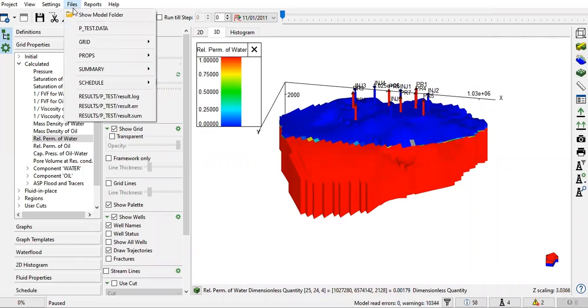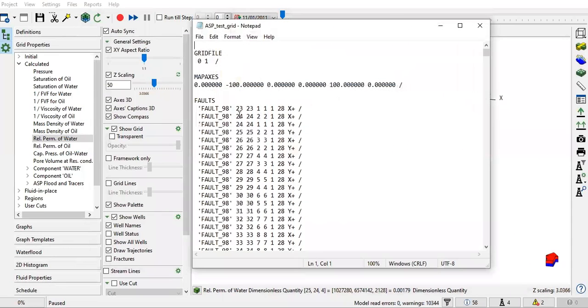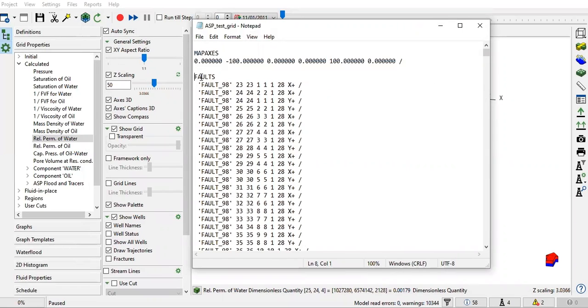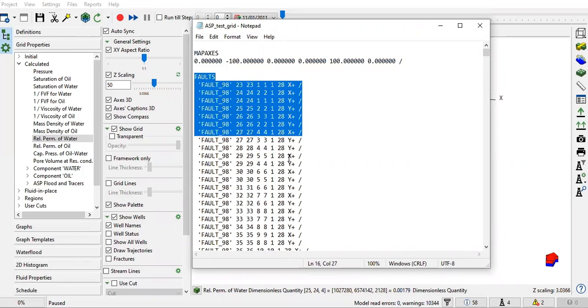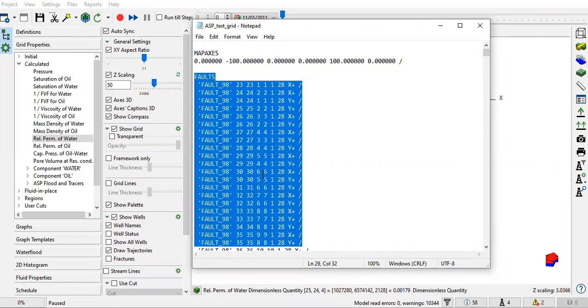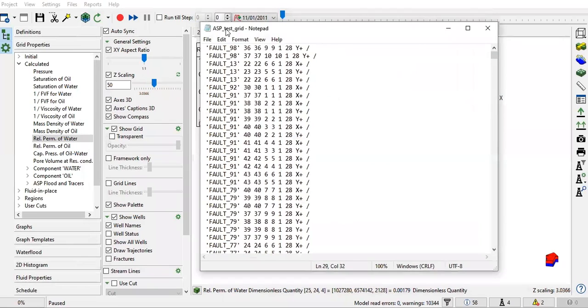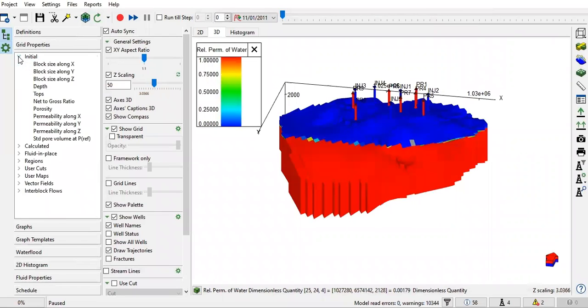Let's see if there is something special. Most likely not. Okay, this is just for the access. This is the fault that we have. Okay, do we have the fault here? Let's see.